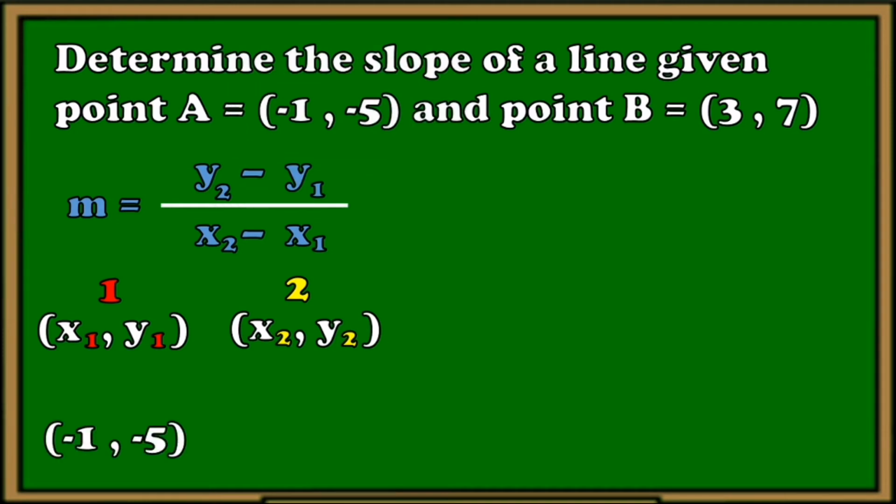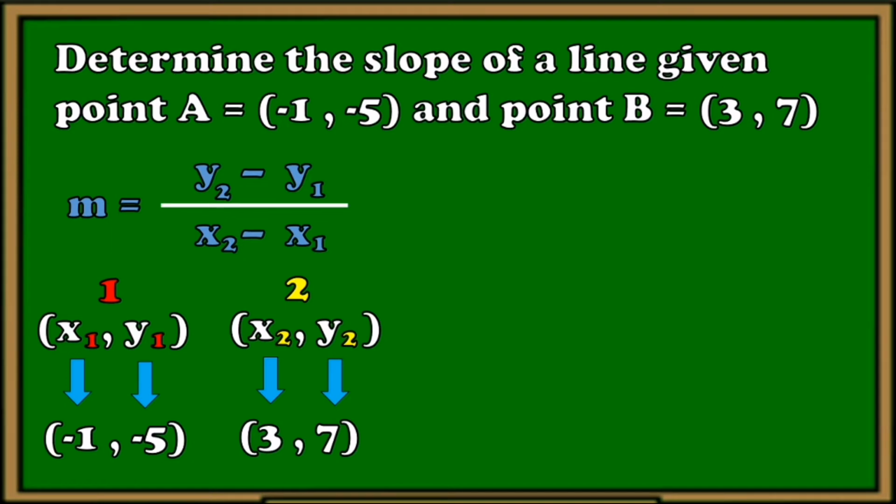The coordinates of point A, -1 and -5. And point B under number 2. The coordinates of point B, 3 and 7. We now have x sub 1 as -1, y sub 1 -5, x sub 2 is 3, and y sub 2 is 7.